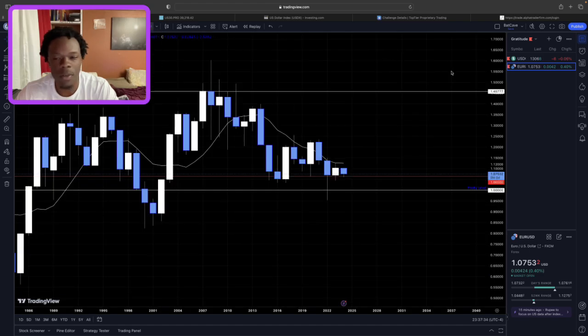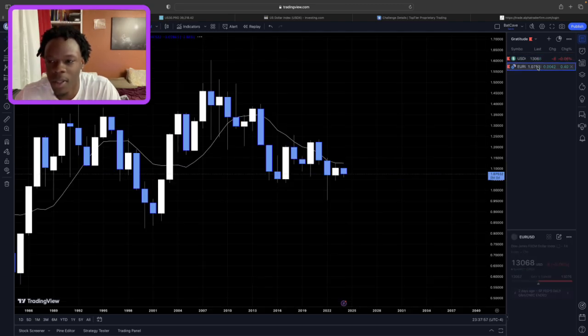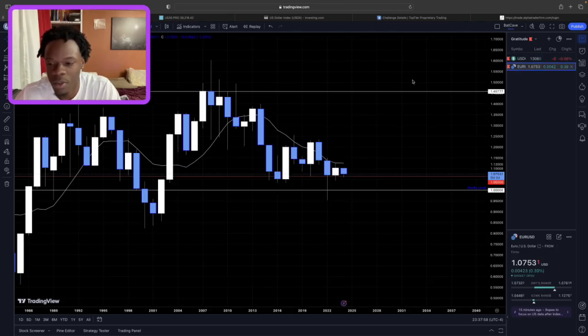As far as top-down analysis, I'll also be using the US dollar as a reference point, because since the Euro USD is paired with the US dollar, one thing I realize is that if, for example, the US dollar is bullish, that automatically means the Euro USD is bearish.